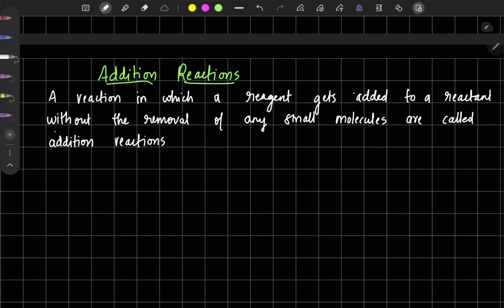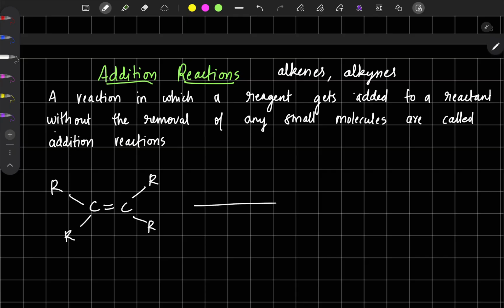Let us take a compound like this, where R means an alkyl group. Mostly these addition reactions are undergone by alkenes, which are double bonded compounds, and alkynes. We only need to study one example for alkenes. Imagine there is a double bond.